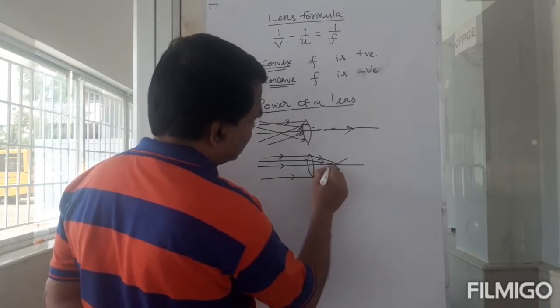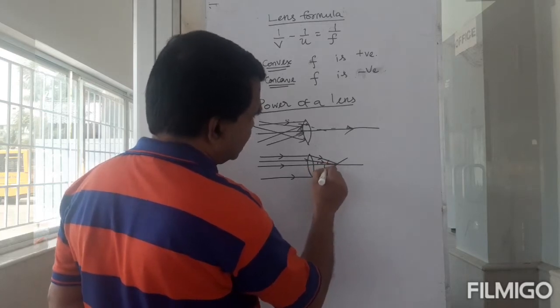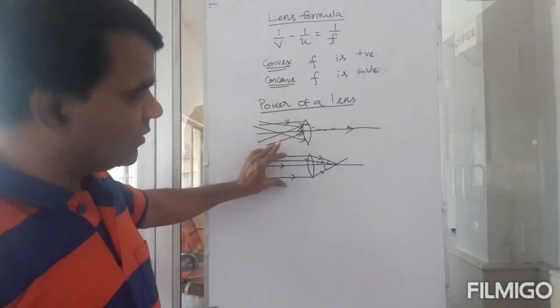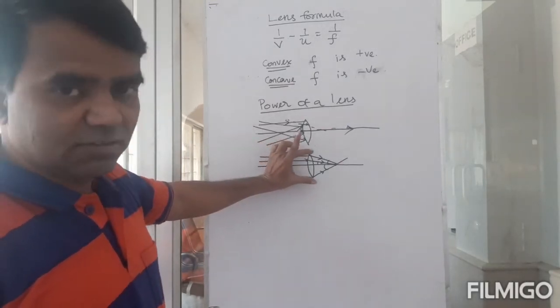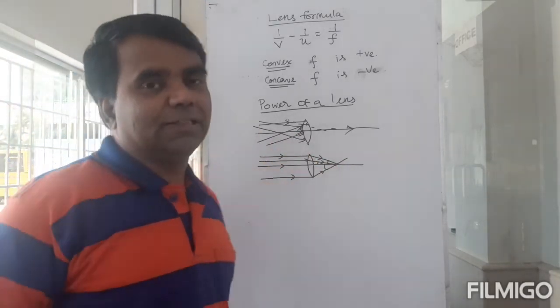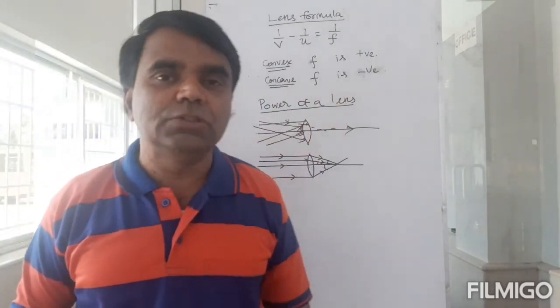You see, look at this. This angle is smaller, and this angle is bigger, and this angle is the biggest. So the farther the parallel ray is from the optical center, the more its angle of bending is. So which one are you going to take? The definition is this.